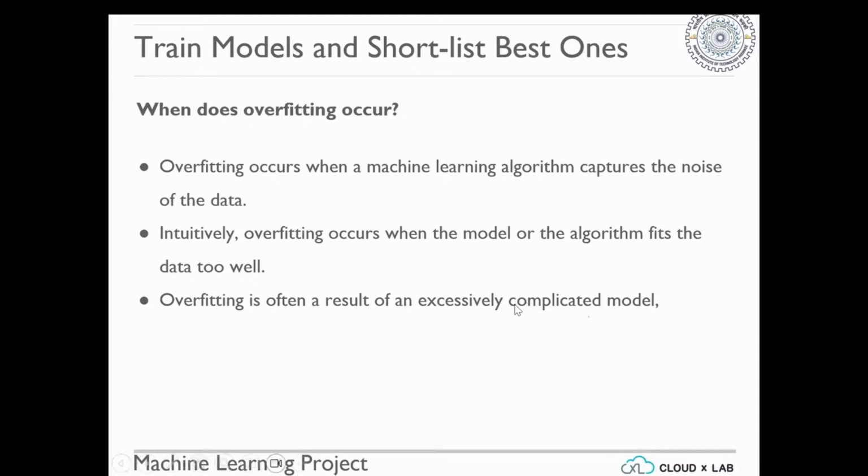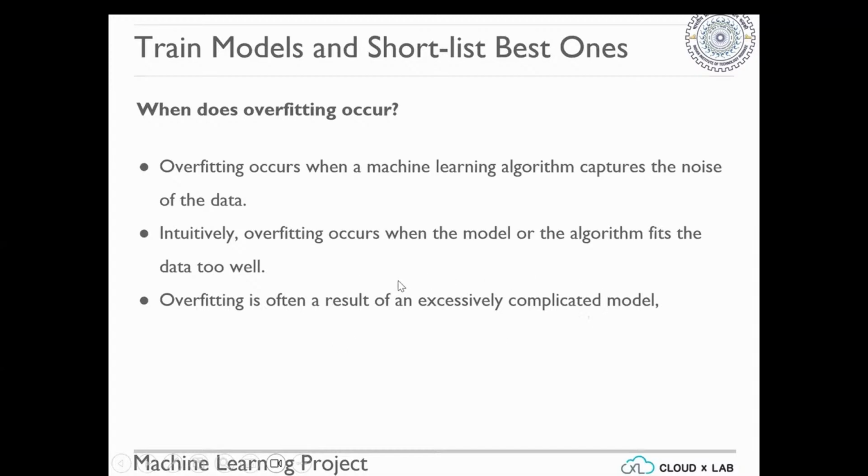So if a highly complicated model is the cause of overfitting, then we will use a simple model, or we will use regularization to make the model simpler, to reduce the number of parameters, because when we reduce the number of parameters, the model becomes simpler, right?